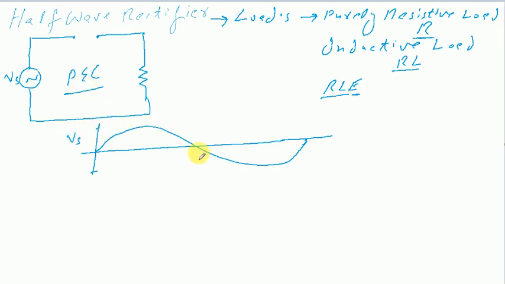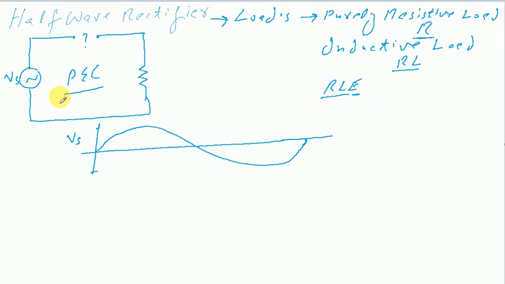We need some device because we are considering that our load is of DC type, and only unidirectional or DC current should flow through this load. So we need to apply something here that should allow the current to flow only in one direction, that is the positive direction in this case, and should block the current in the negative or reverse direction.